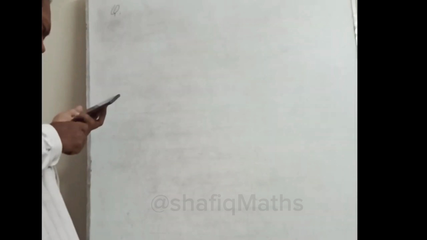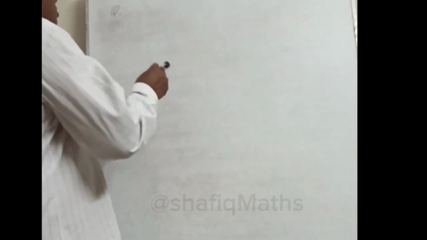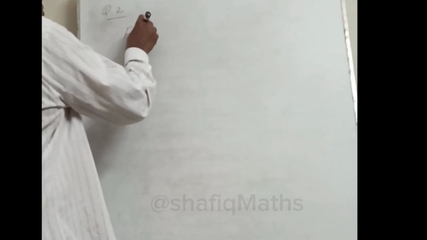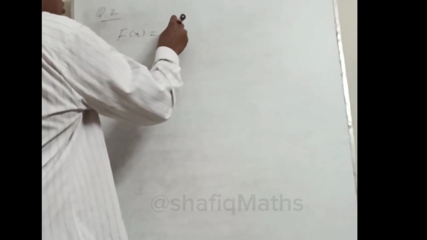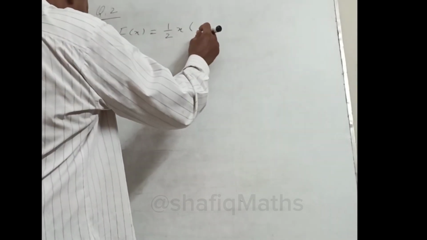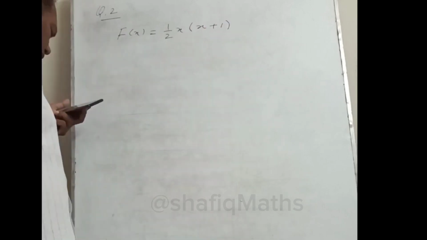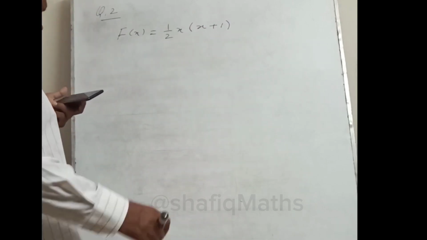Second question is f(x) equals 1 upon 2 x bracket x plus 1. Evaluate the following.